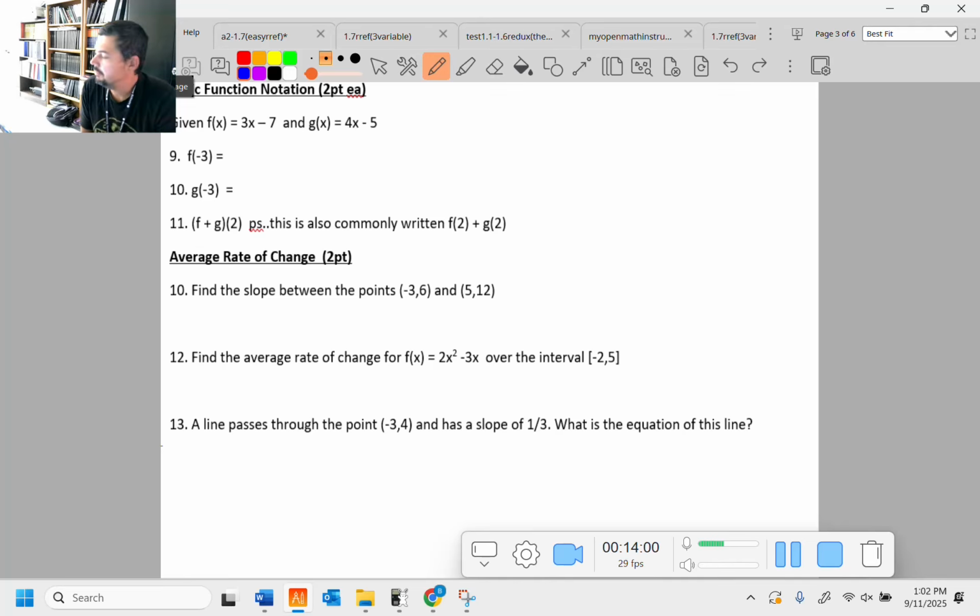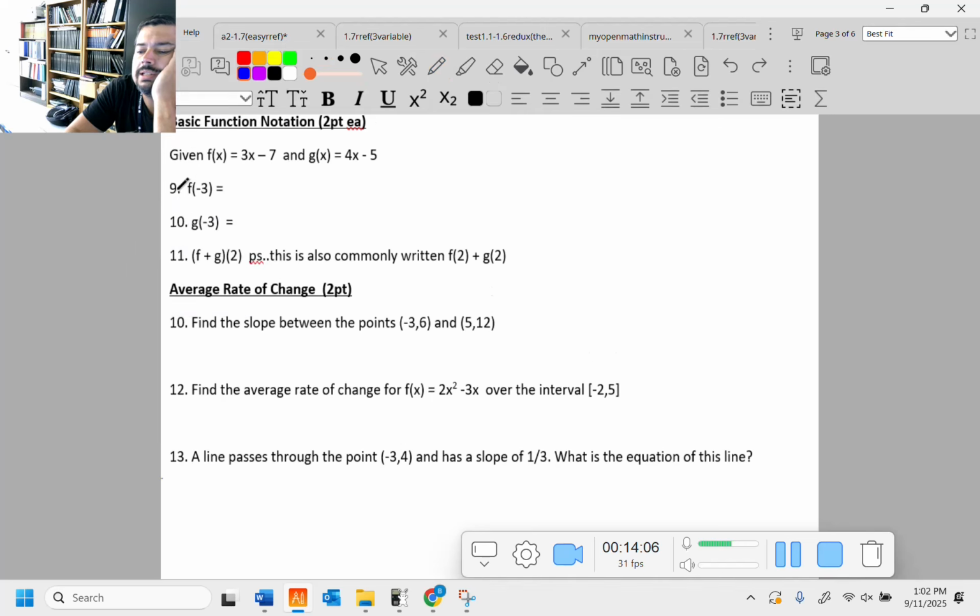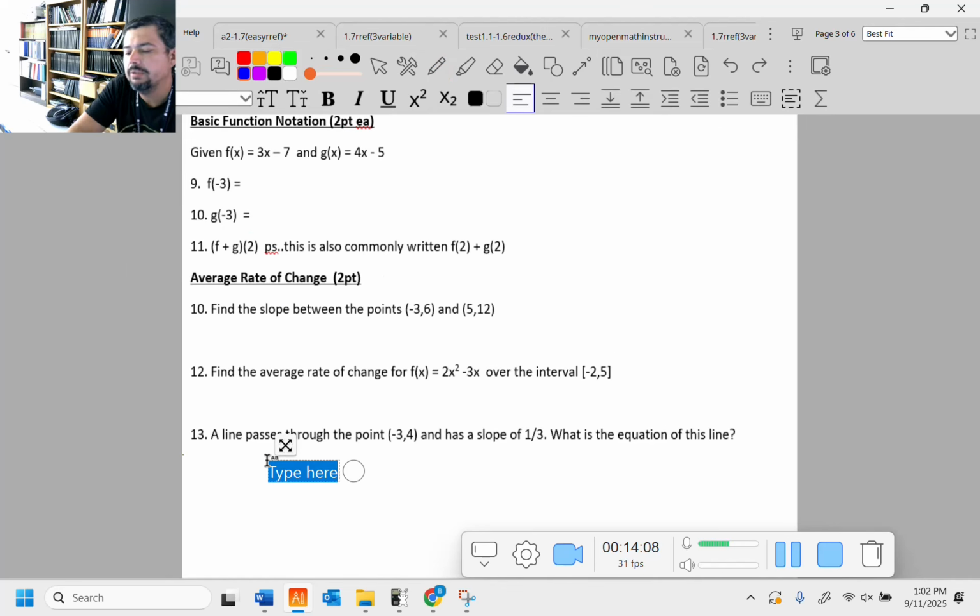Alright, given 13, a line passed through the point -3, 4 has a slope of 1/3, and normally I teach point slope form, but I really want y'all to get transformation ideas down. So just use this, okay? A is the slope, and h, k is a point on the line.